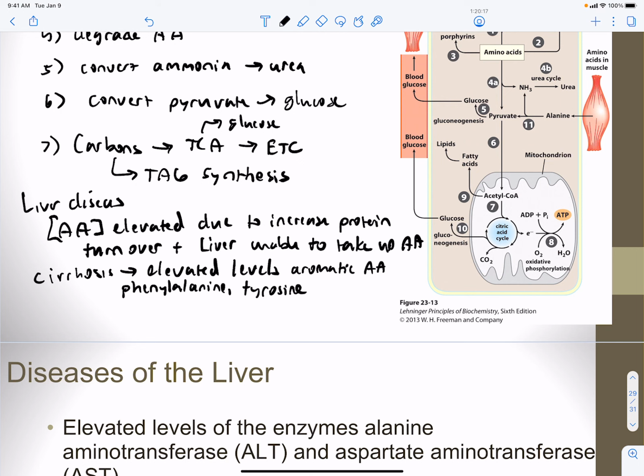And you're also going to have your free tryptophan as well as methionine. However, it's unknown why, but you also do see a reduction in the plasma levels of your branched chain amino acids in cirrhosis, but it's not known why.